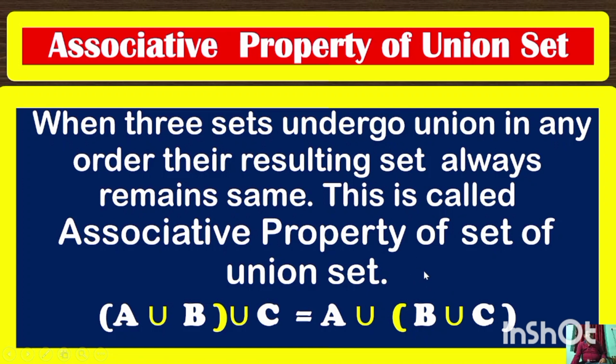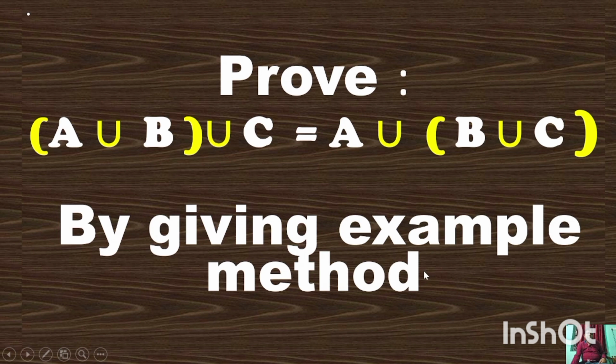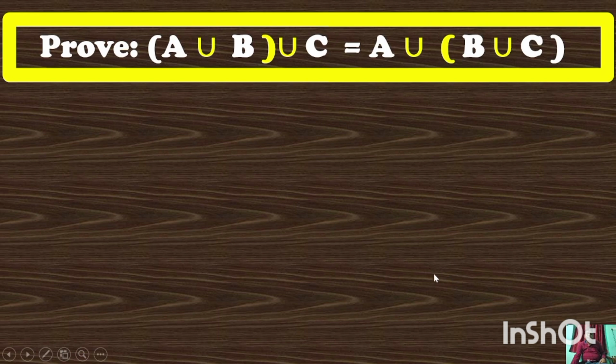Right? So we have to prove it by giving an example. How to prove it? (A union B) union C is equal to A union (B union C). Understand? Students, these are very simple concepts, so develop patience to watch this class.